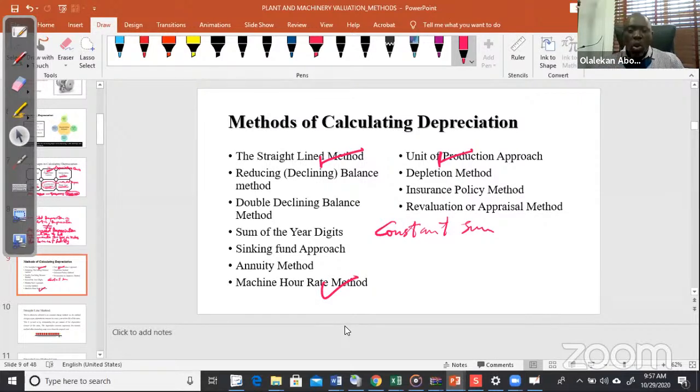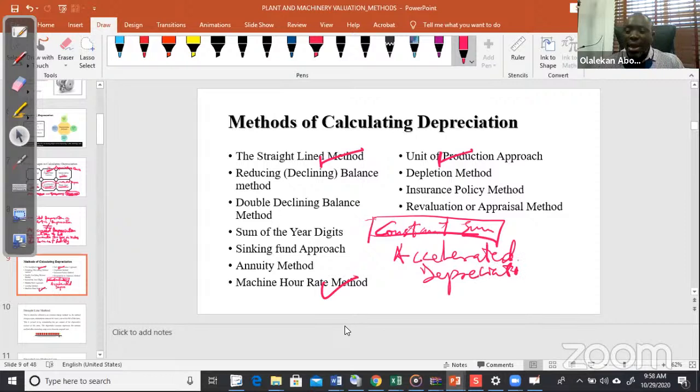But apart from the class of constant sum methods, we have another class, which is the class of accelerated depreciation methods.